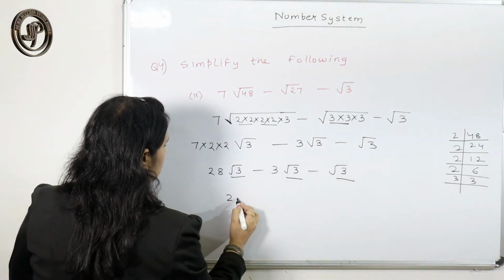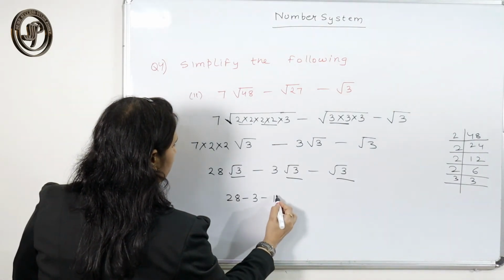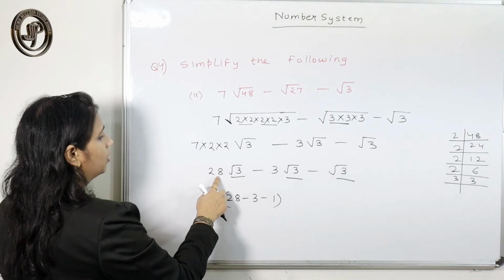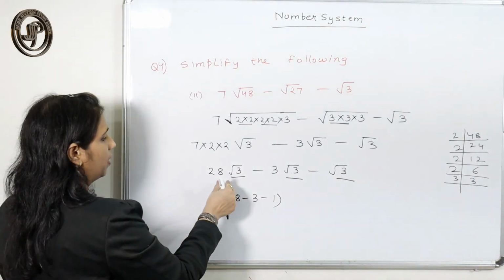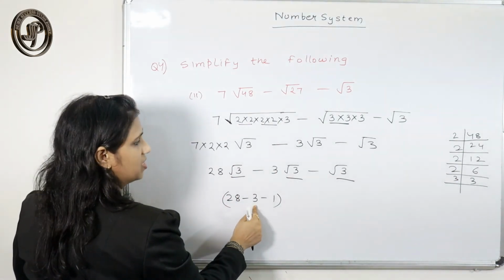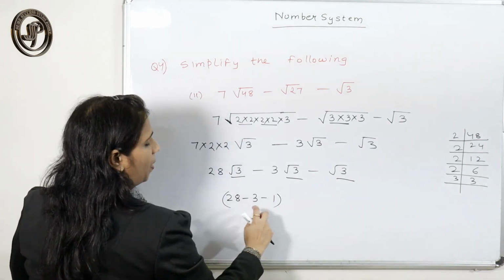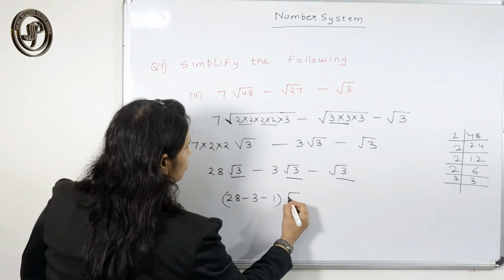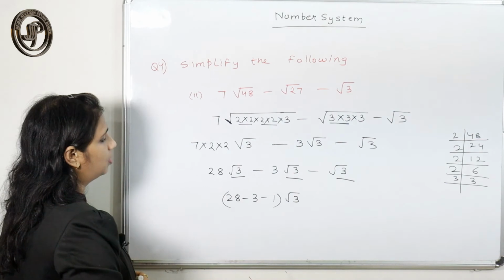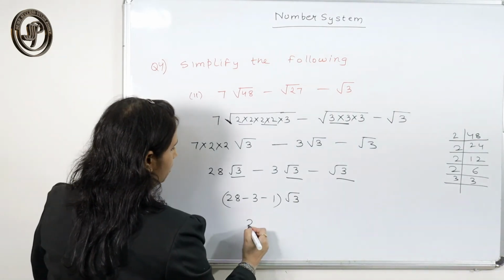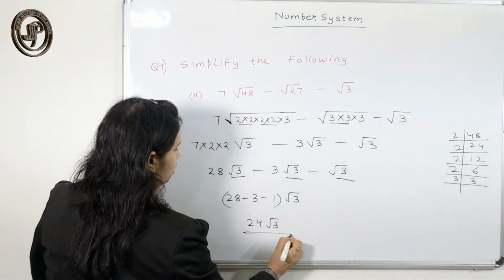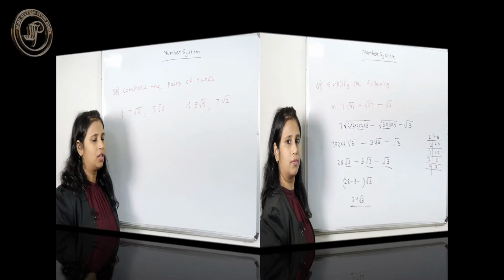So 28 minus 3 minus 1. Take the multiples here: 28, here it is minus 3, here it is minus 1, root 3. So here it comes 24 root 3. That is the answer.